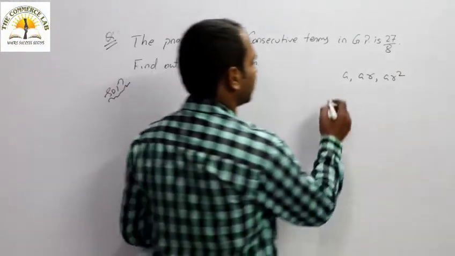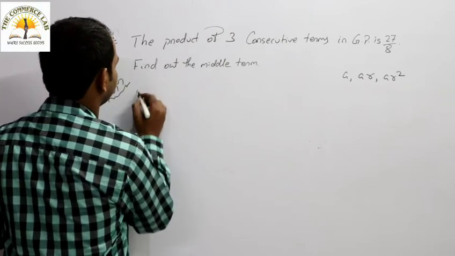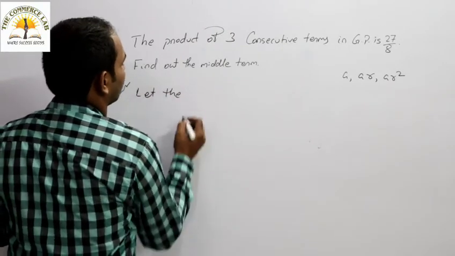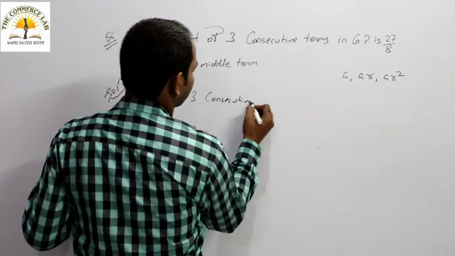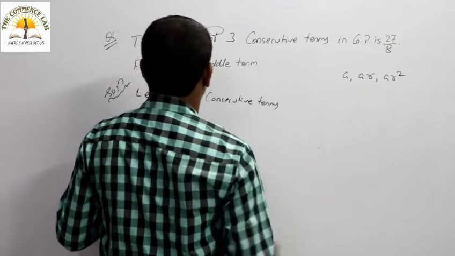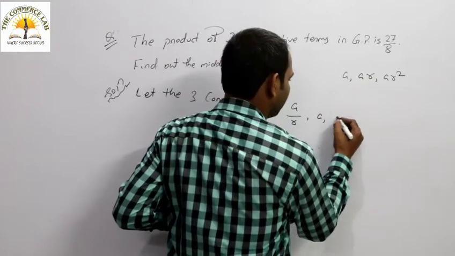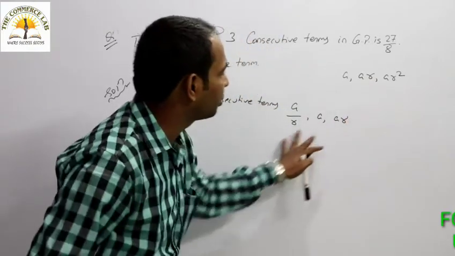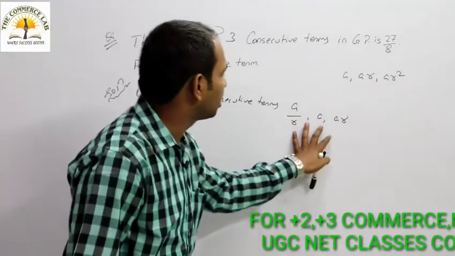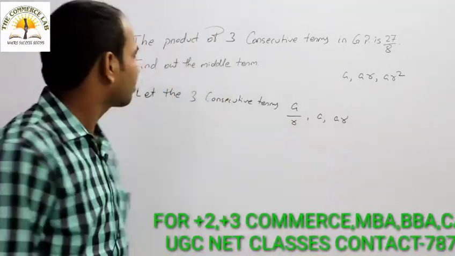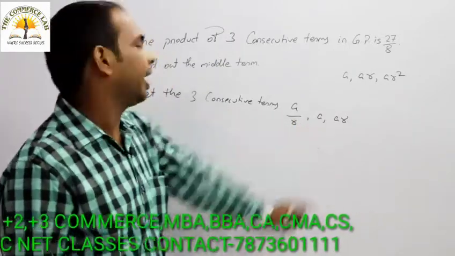So we will take it as the common term, let the three consecutive terms be A by R, A, AR. The ratio between these two and these two are same. So let the three consecutive terms be A by R, A, AR.